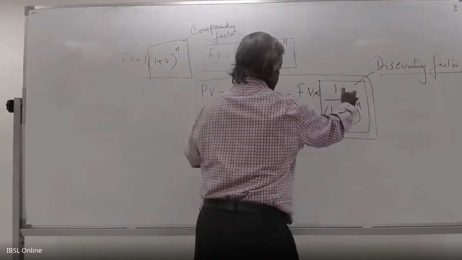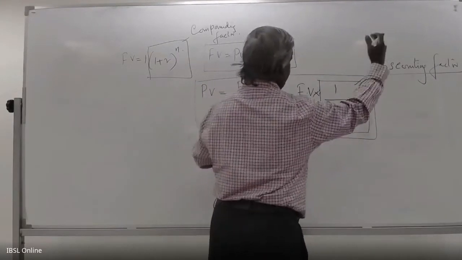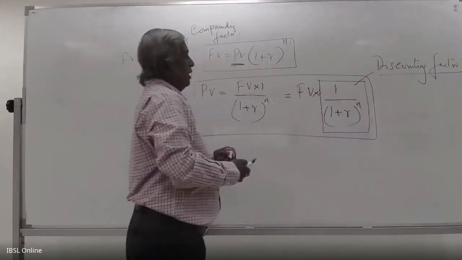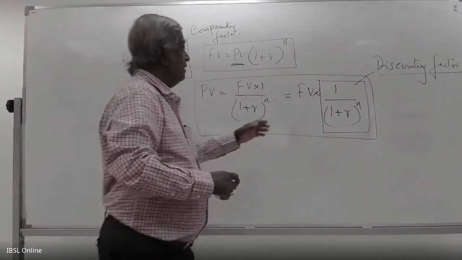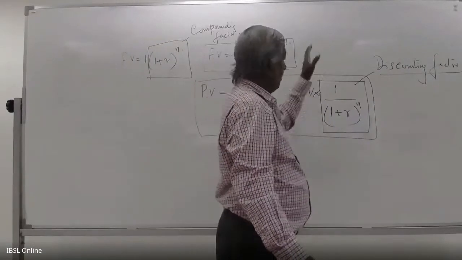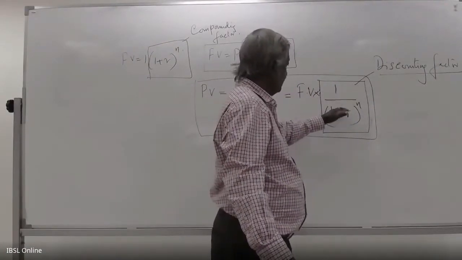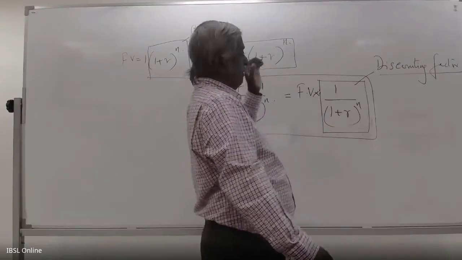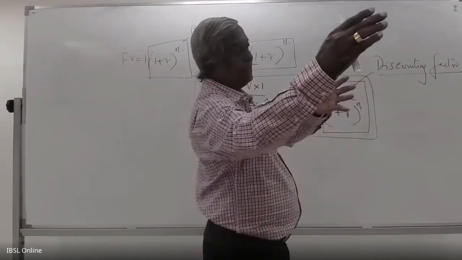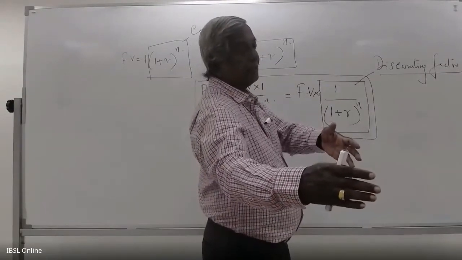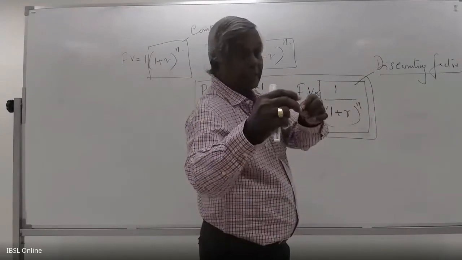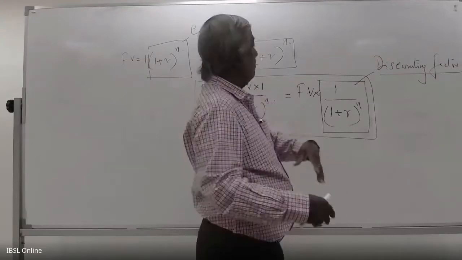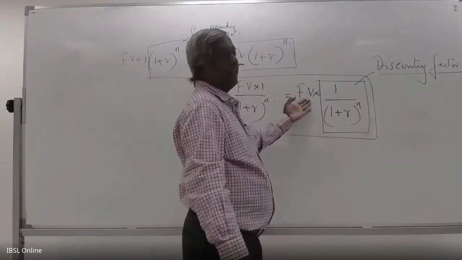This 1 divided by 1 plus r to the power n is the discounting factor. So you calculate the discounting factor and then multiply the future value by the discounting factor. You convert it into present value. From the discounting table, once you know the interest rate and the period, you can find the discounting factor and multiply it with the future value.